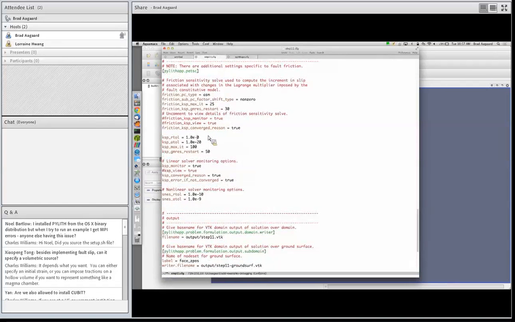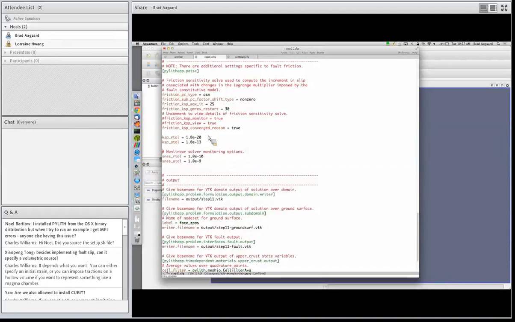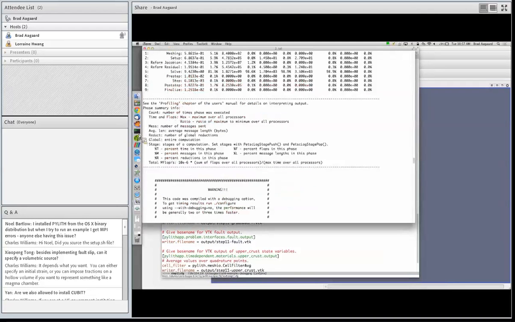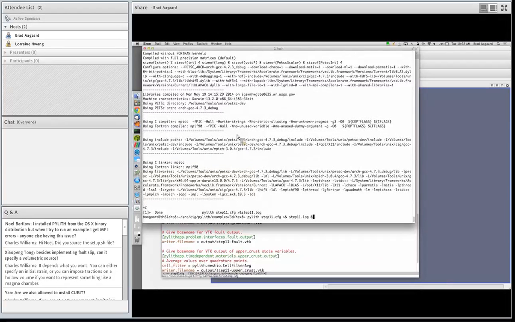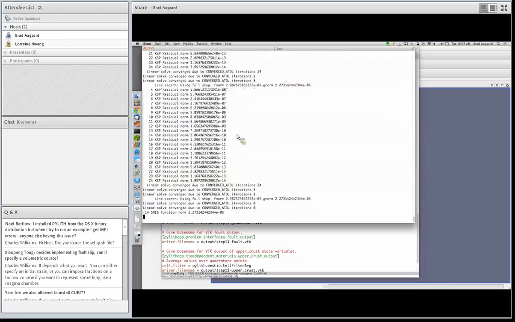So let's do 10 to the minus 20, 10 to the minus, what did I say, 13. Well, we don't need to overwrite those. So we can do something like that. We can easily run it again. So Charles likes using T, and I just dump it all to step, and then I use tail to get the updates.